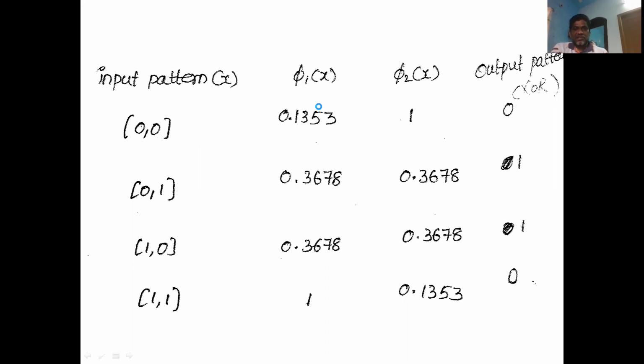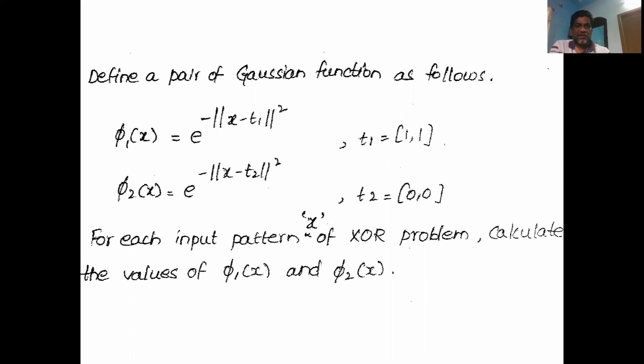What is the formula for phi1 of x? It is equal to e power minus norm x minus t1 whole square. What does this mean? x minus t1 whole square calculates the Euclidean distance between x and t1.